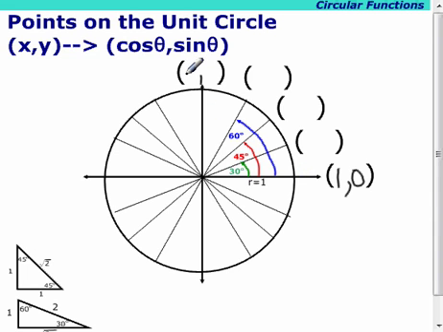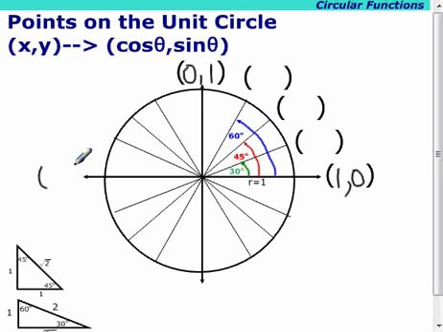If you do cos of 90 degrees, you'll find that it comes out to be 0, because the x value of this point is 0. If I want the sine of 90 degrees, I just find out what y is at this point. If it's a unit circle where the radius is 1, then this point will be 1.